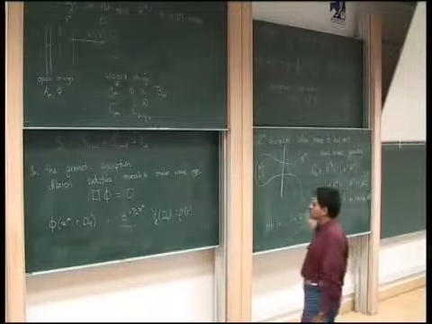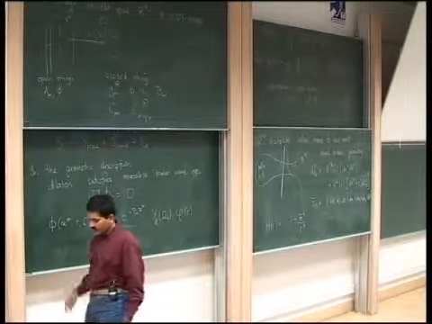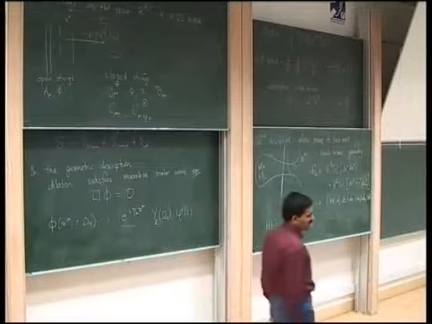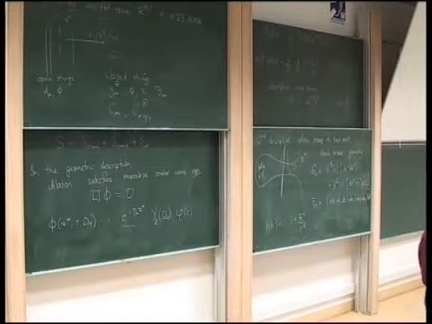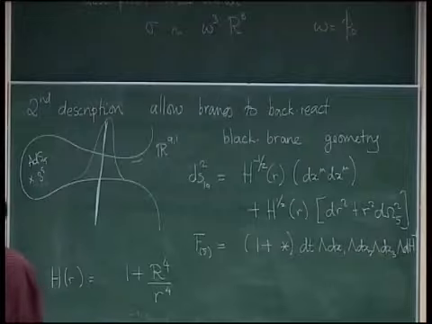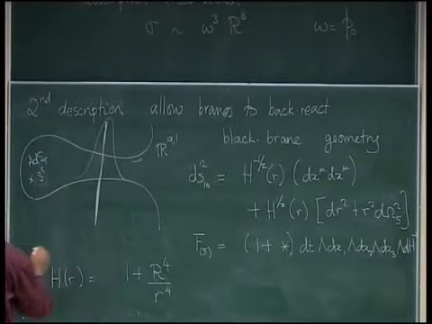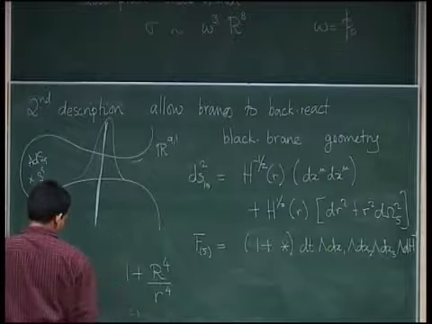Okay? And this calculation pre-existed Maldacena's derivation of the AdS/CFT correspondence, and in fact motivated him to think that if you can decouple these two regions of the geometry, the picture breaks up into two.